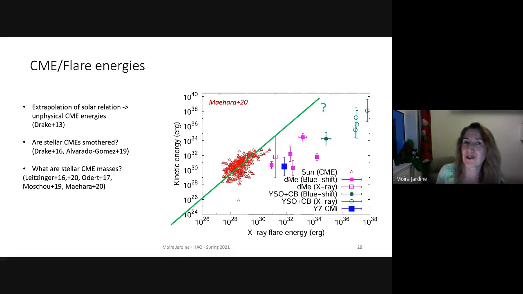And if you're interested in the evolution of solar systems and exoplanet atmospheres, the impact and the effect of CMEs is something that is of great concern.